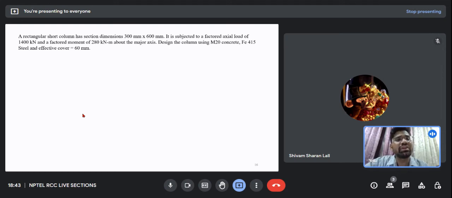They have already given me the factored axial load and moment, so no need to multiply by some factor of safety because P and M both are factored. From this you can understand why they give us M, because they want us to design it as a column subjected to moment as well as load. Now design the column using M20 and Fe415. Effective cover is 60. So let's begin with the design.